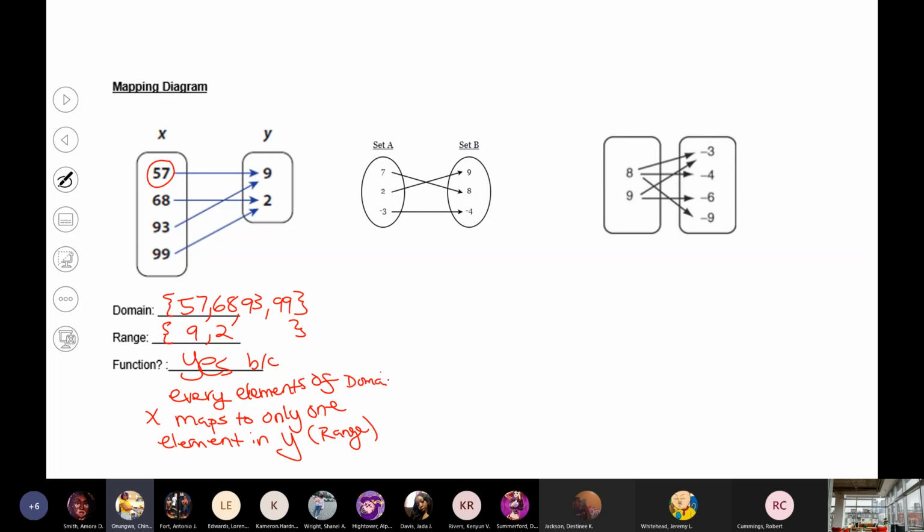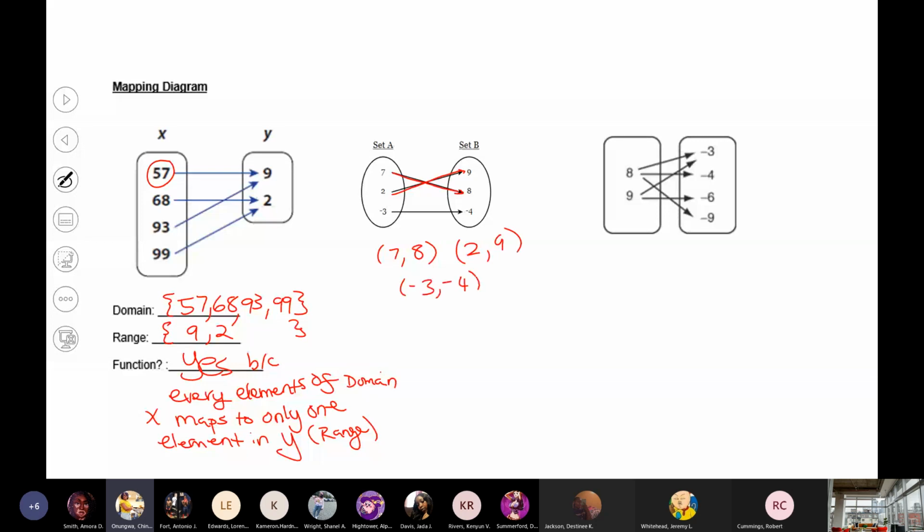Okay, let's do another one. So notice, here I have from set A to set B. Is it a function? As long as I only have one arrow coming out of my set A, it is. So this 7 only maps to 8. 7 only maps to 8, 2 only, -3 only maps to -4.